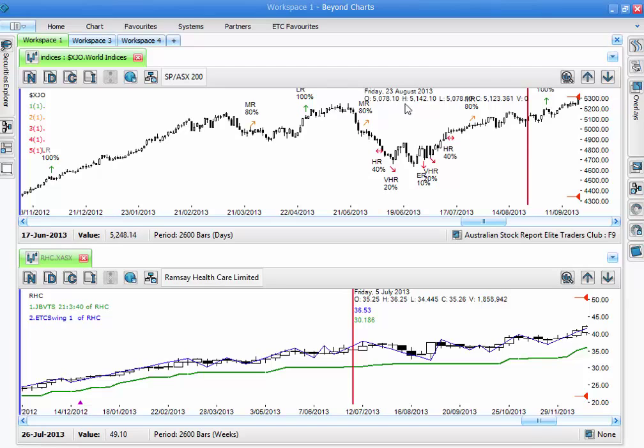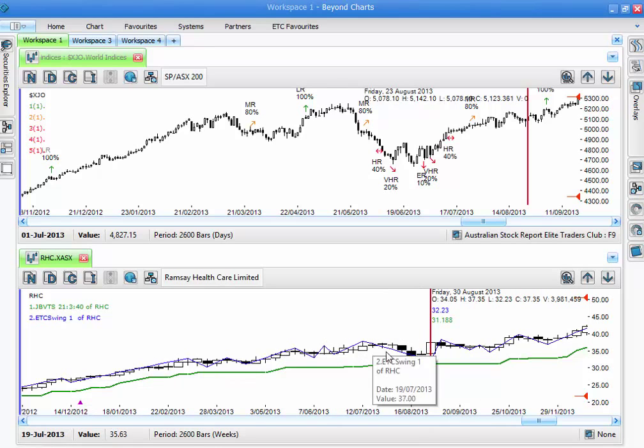Even at that point through August, isn't it interesting that whilst the market was recovering, Ramsay during this time was just having a bit of a pause. It had done pretty well previously and was just having a little bit of a rest through here. It's still well clear of the trailing 3 ATR.